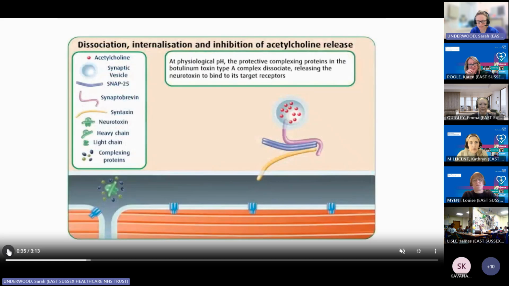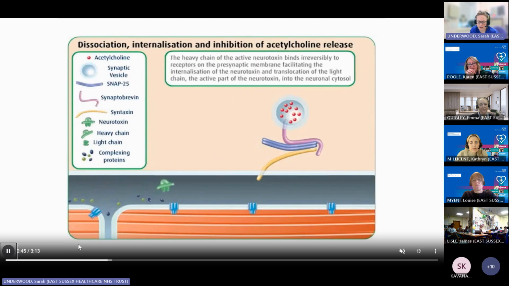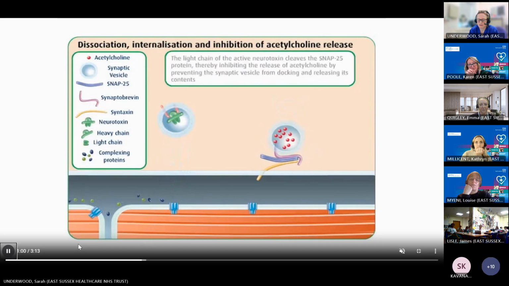When we inject botulinum toxin into a target muscle, the botulinum toxin complex undergoes changes initially, which allows it to bind with the presynaptic membrane and enter the axon terminal. This is called your uptake and internalization phase. Then once in the axon terminal, it targets the snare complex.